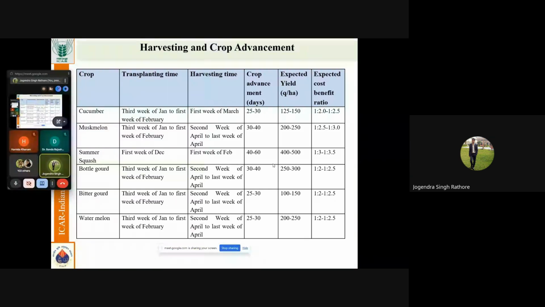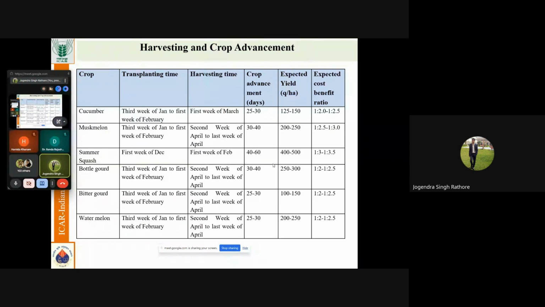This table shows in which month you have to go for transplanting in low tunnels. In cucumber, transplanting will be done from the third week of January to the first week of February, and by using this we can advance our harvesting by 25 to 30 days.